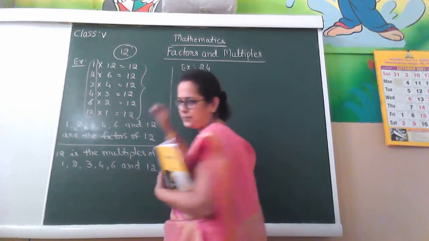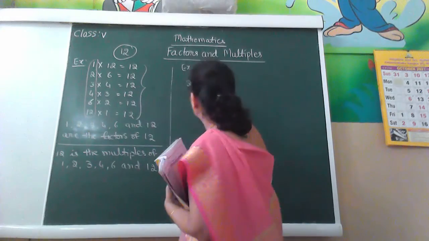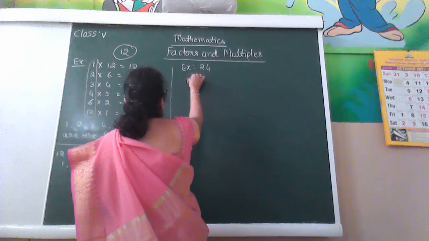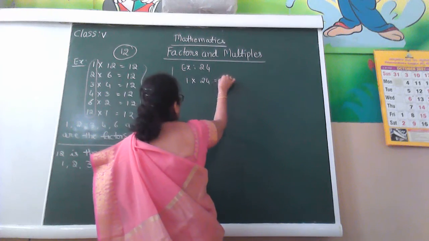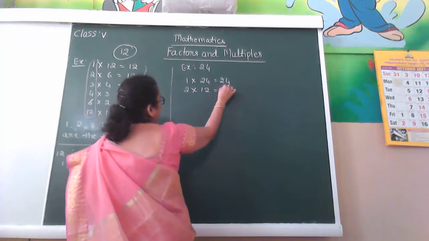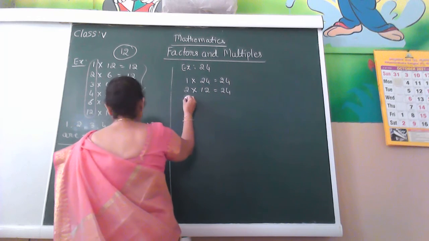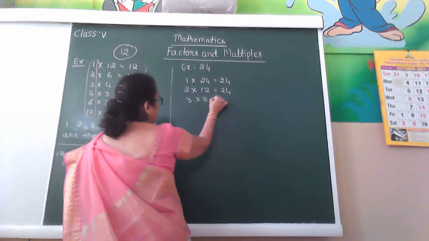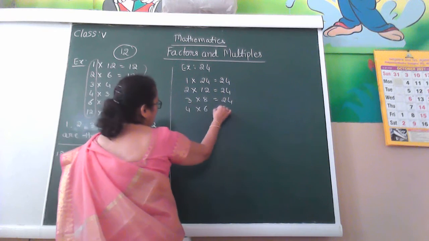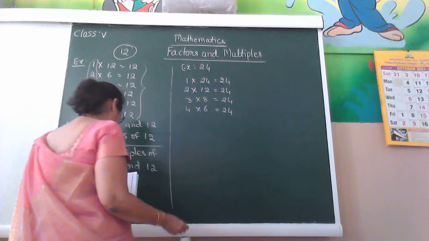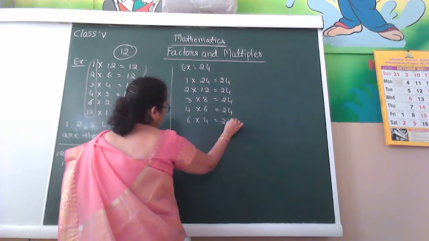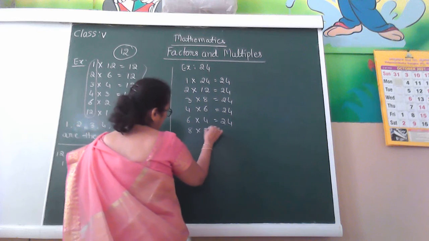First, any number that is multiplied by 1 is always itself. 1 24 is 24. Then 2 12s are 24. Then 3 8s are 24. 4 6s are 24. Next 6 4s are 24. 8 3s are 24.